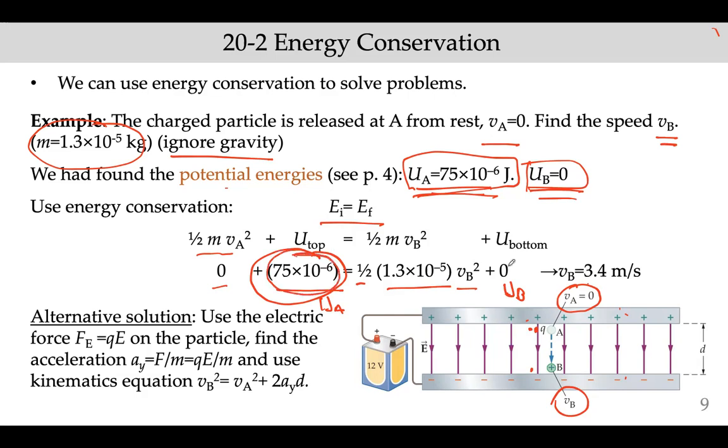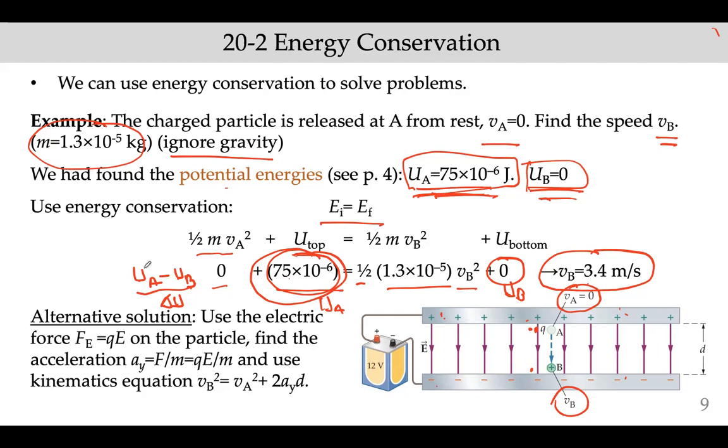These individual values may change depending on how you choose the potentials, but we can send UB to the other side. So on the left-hand side, we have UA minus UB, and that's actually delta U. So delta U never changes. Whatever potential you choose, as long as the difference is 12, and whatever potential energies you find at points A and B, the final answer for the speed will always be this.